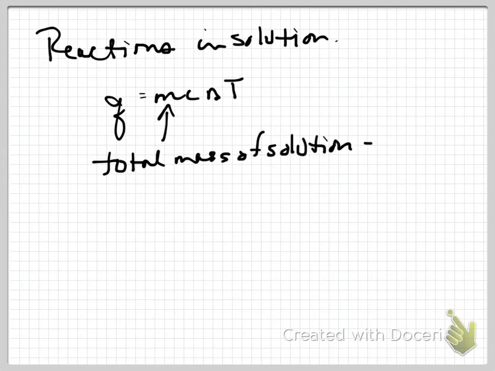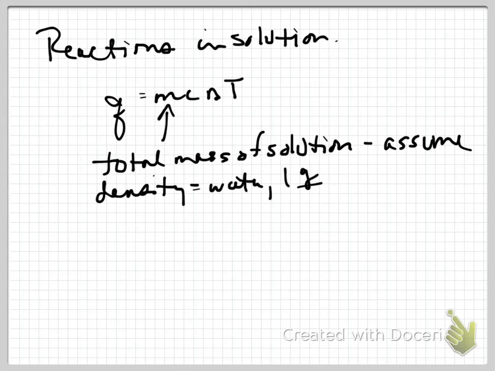And you typically assume a density of water which is 1 gram per milliliter. And you're typically adding two solutions together, so you would just add the total volume times that density.